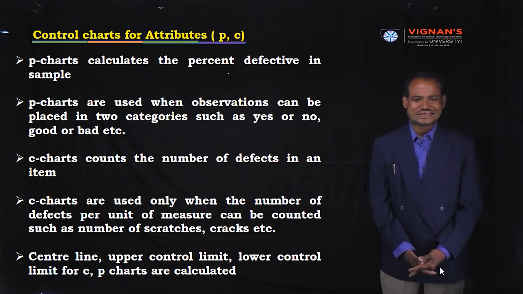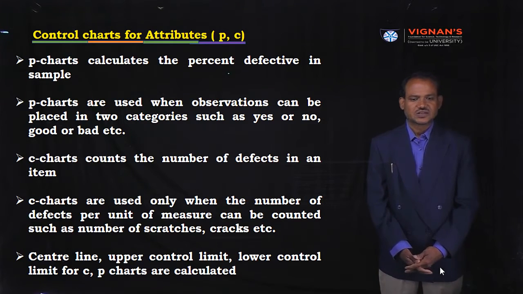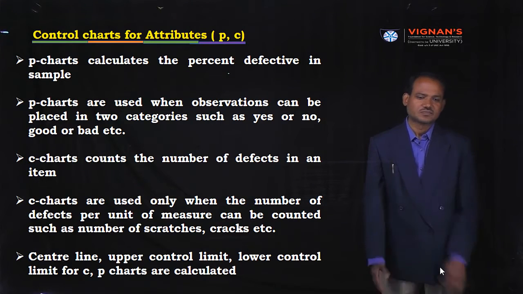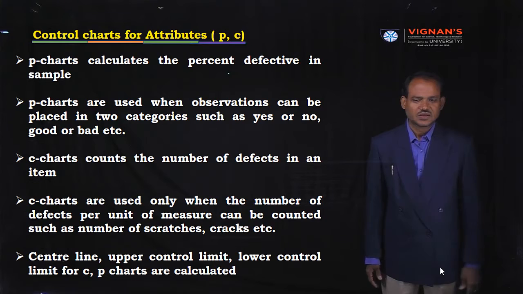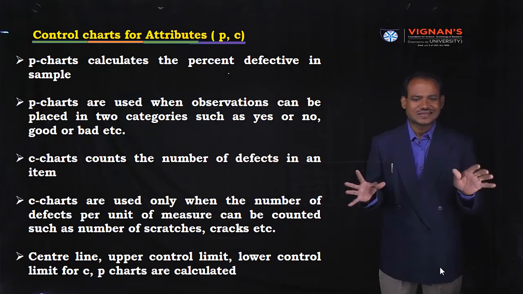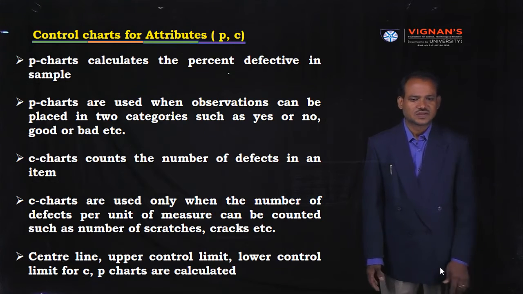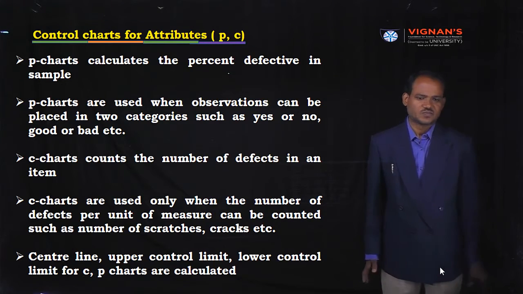C charts. Regarding C charts, they count the number of defects in an item, the same item. For example, the number of defects identified in a casting, in the same casting.